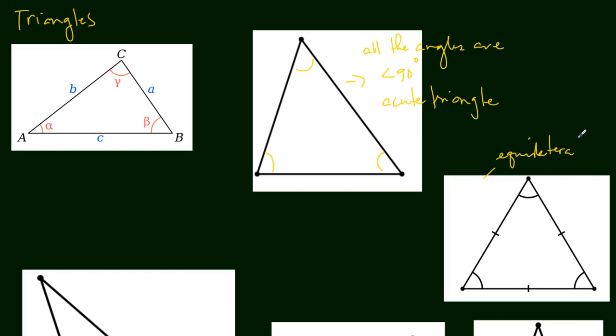What is important to know here is that 3 sides are equal, and also the 3 angles are equal. The sum of the angles is 180, so if they are equal, we have 180 divided by 3, that is 60 degrees.